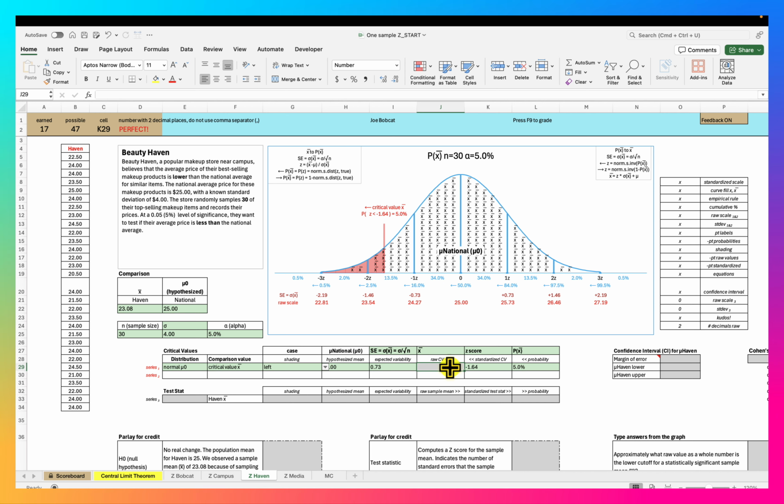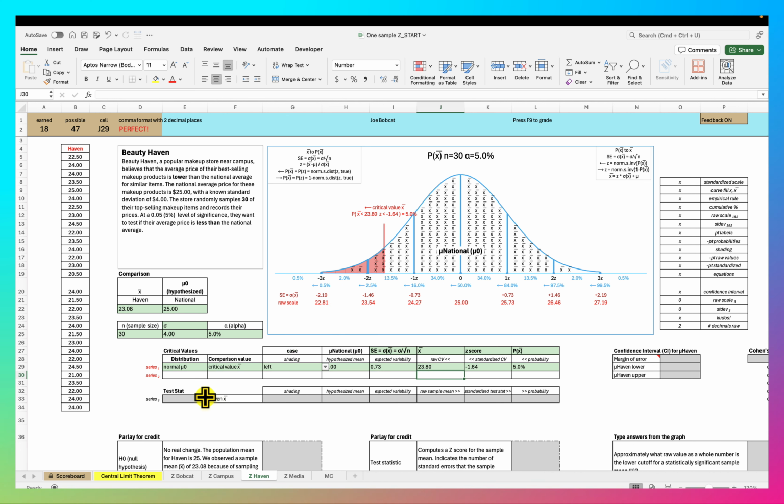And then x bar is going to be equal to that z-score times the standard error. And that difference from the mean is going to be added to the mean. So we see how far away we are from the mean, which is the 23.80 down here.